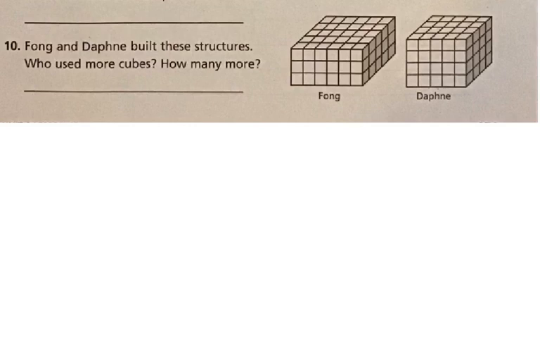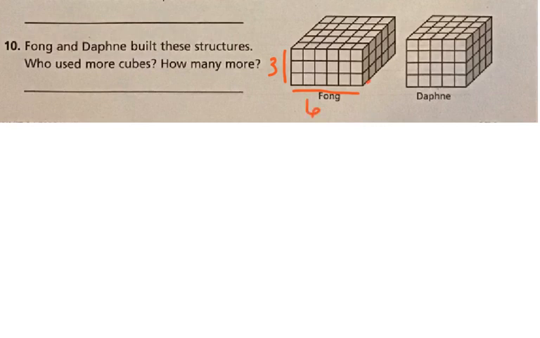For number 10, I'm going to create another page here so that I can blow it up a little bit. It says Fong and Daphne built these structures. Who used more cubes? How many more? Well, here you're figuring out cubic units. So how do we find the cubic units? Remember what we did to find cubic units. We took the number of cubic units high, and here you can see there's 3. We took the number of cubic units across, and here you have 6.